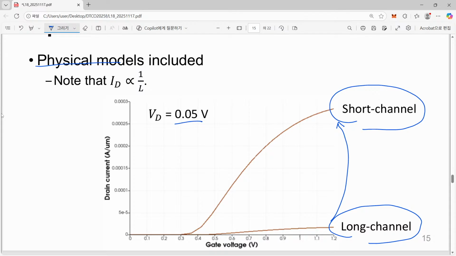Why is it? Because here we have this relation. Drain current is inversely proportional to the channel length, and we have a 20 times difference in our channel length. So current is highly increased in this case.